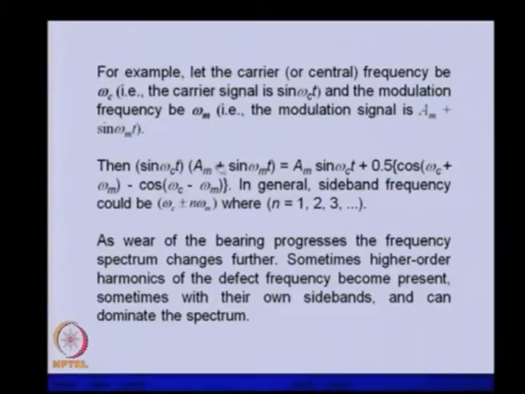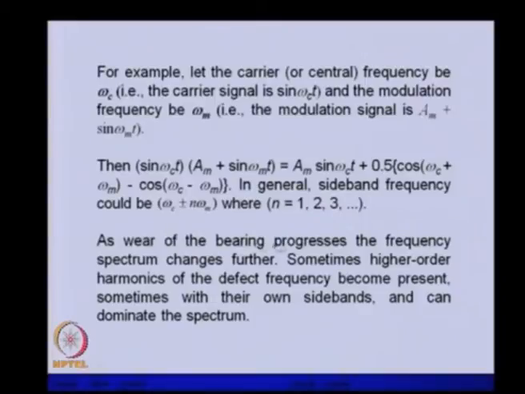Then the multiplication of this can be written like this, and the sin omega c t and sin omega m t product can be again rewritten like this. So, you can see that basically we are getting the sum and the difference of the frequencies. So, in general, side band frequency could be the central frequency plus or minus n times the modulating frequency. Some of the plots will be shown in the subsequent slides.